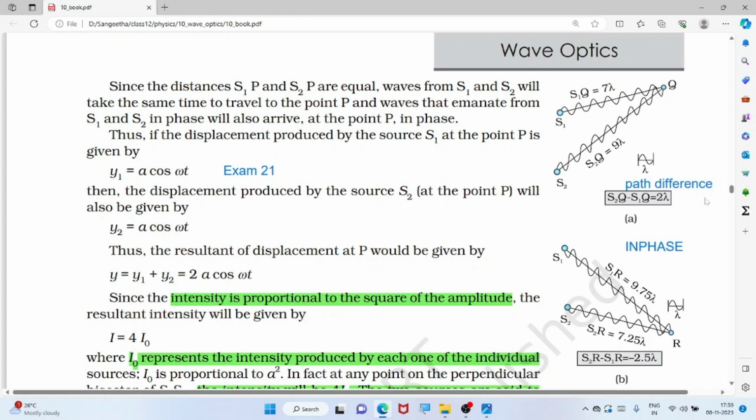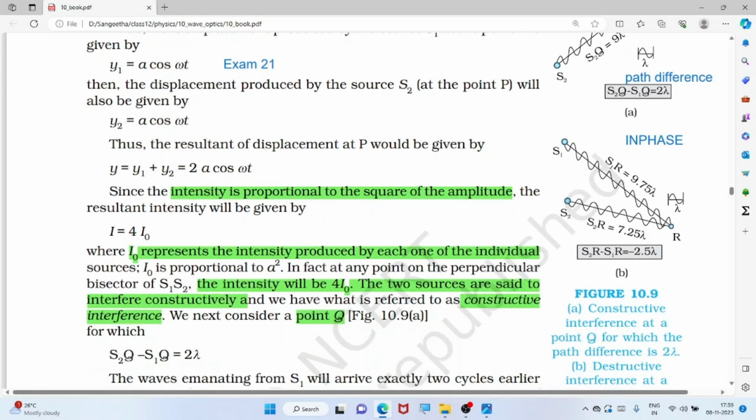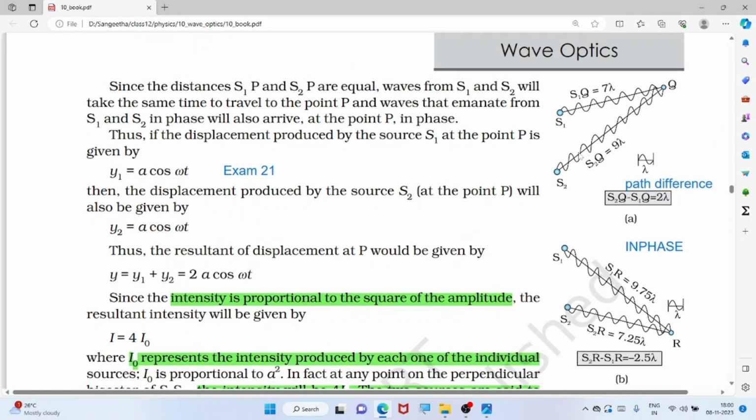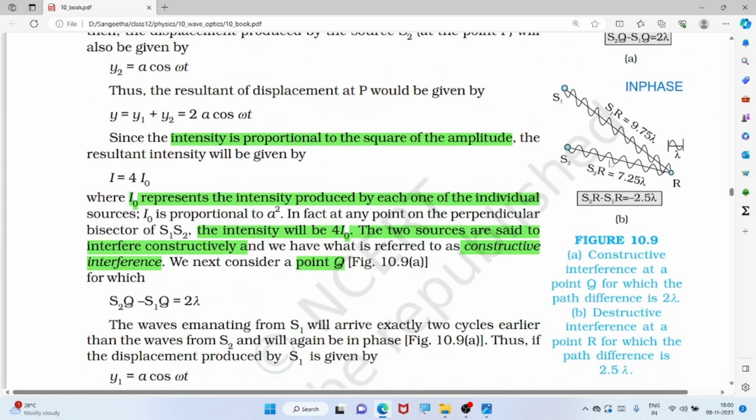In terms of n lambda, the phase difference will be 0. But in this case, if the difference is not in terms of lambda, like if it is 0.5 lambda, then the phase difference will be 180. So this is in phase, and the phase difference here will be 180 because it is not a multiple of lambda.